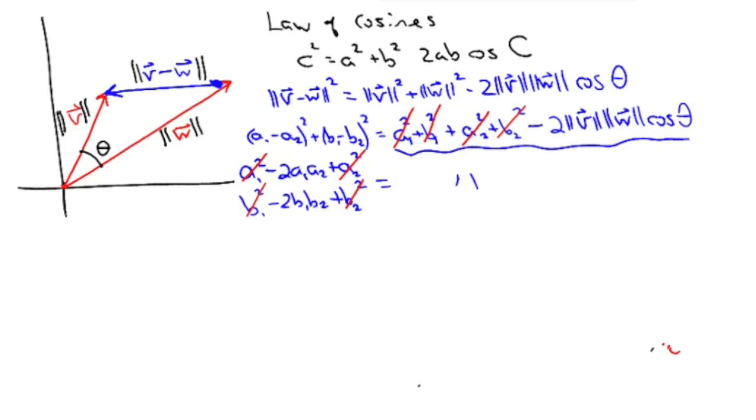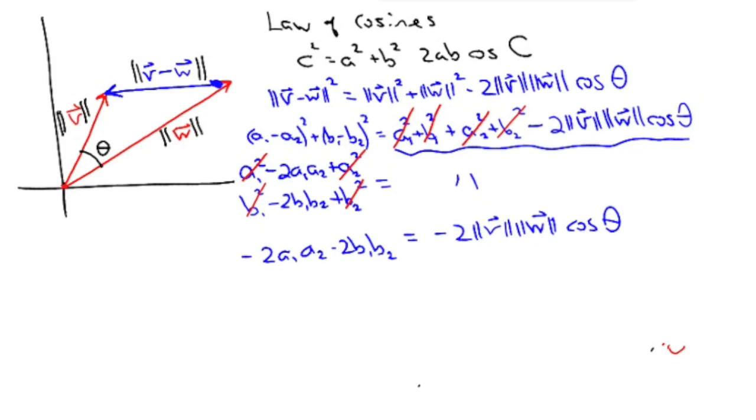And then what's left over is the fun part. So this is negative 2 A1 A2 minus 2 B1 B2 is equal to negative 2 magnitude of V, magnitude of W, cosine of the angle we're looking for.